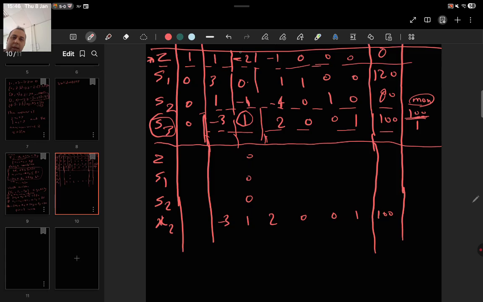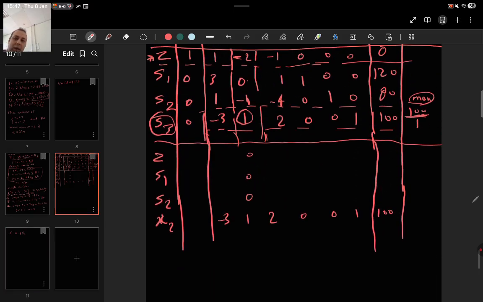We look at this column, Z, and this pivot column. We have one equation for that: the new row equals the previous row minus the pivot column value times the new pivot row.